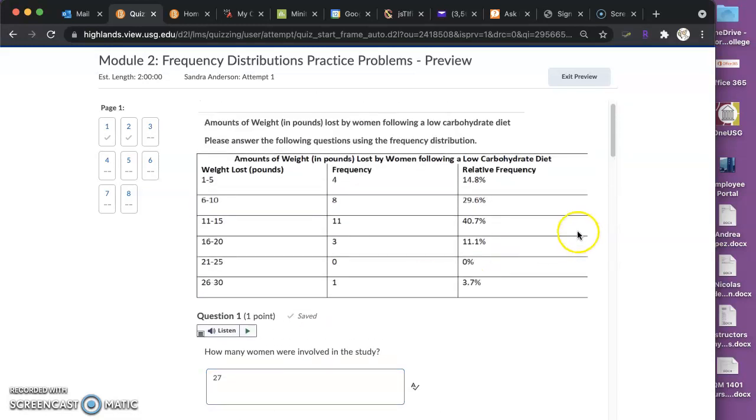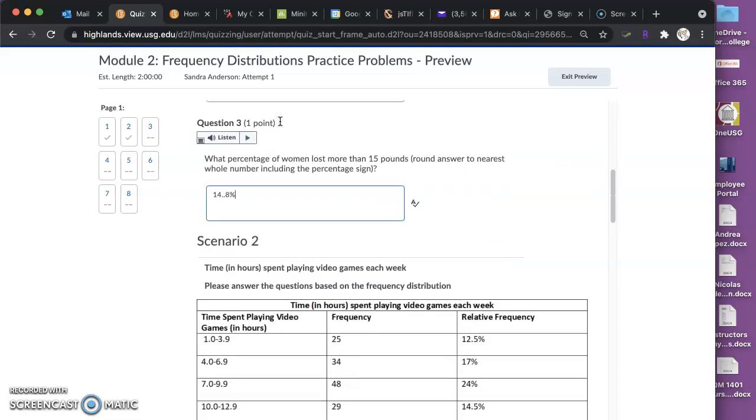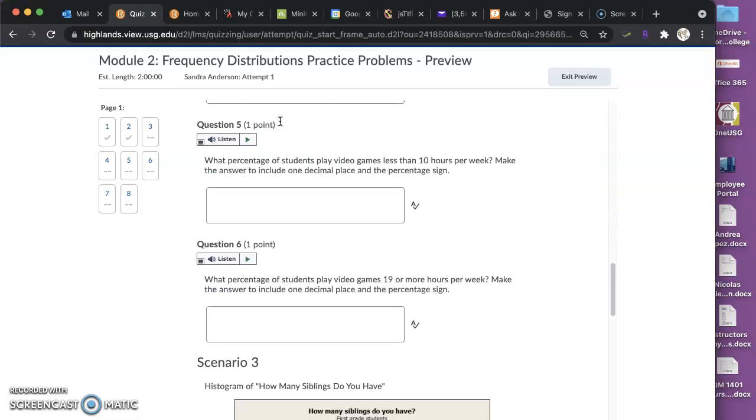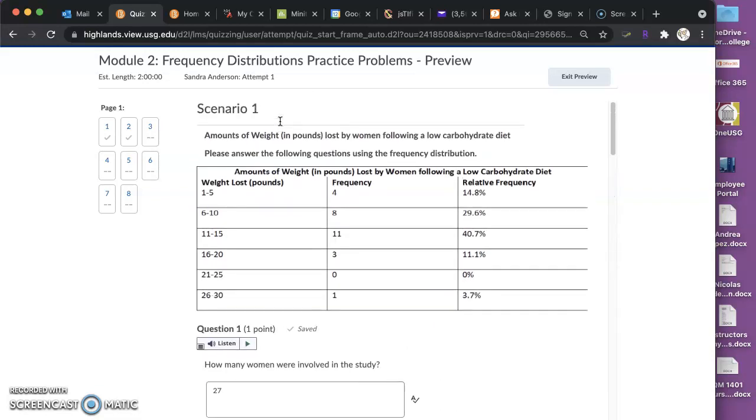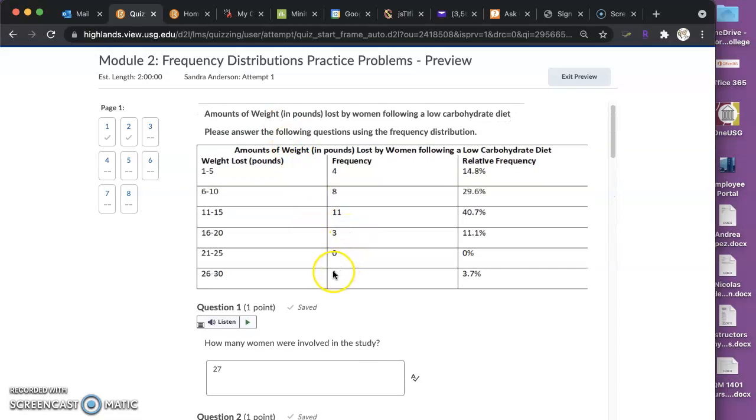Okay, but what I want to do is show you how to find this relative frequency or how to find this count if something's missing. So let's say the number 1 is missing here and it asks you to fill that in. Well, in the problem, it might have told you that there were 27 women, and then it might have asked you, what is the frequency of women that lost 26 to 30 pounds?